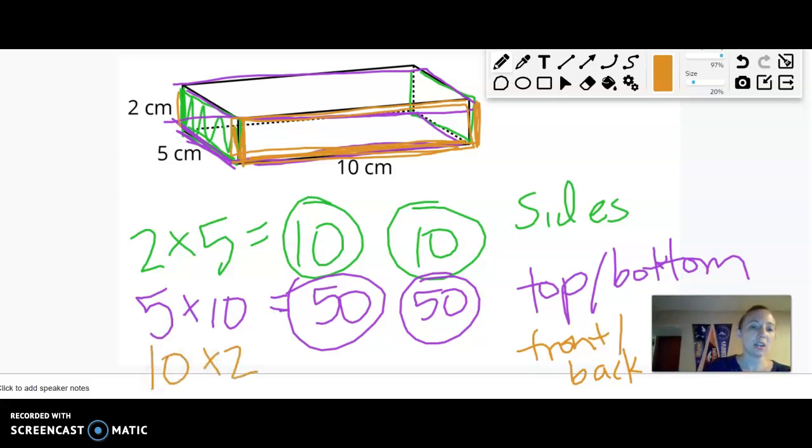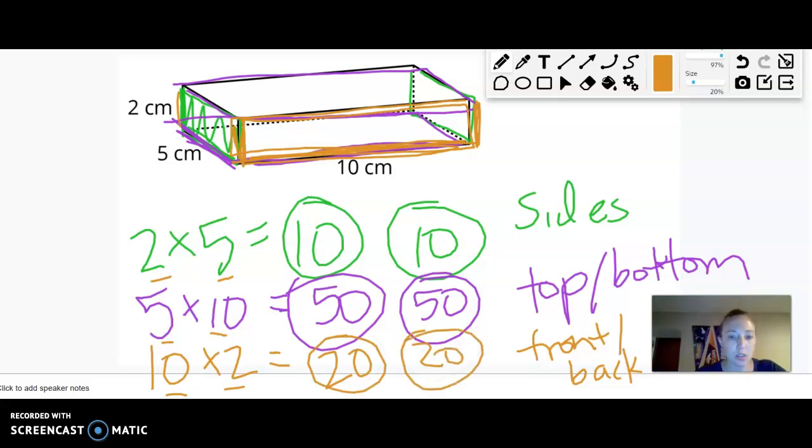Also, notice how I used 5 two times, I used 10 two times, and I used 2 two times. If I kept using 5 over and over, then I'm looking at the wrong numbers. So 20 and 20, and then I can add those together. Remember, I could do 10 plus 50 plus 20, which is 80, and then I know I have another 80, so then it's going to be 160 inches squared.